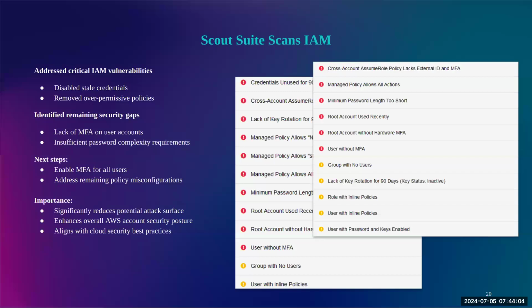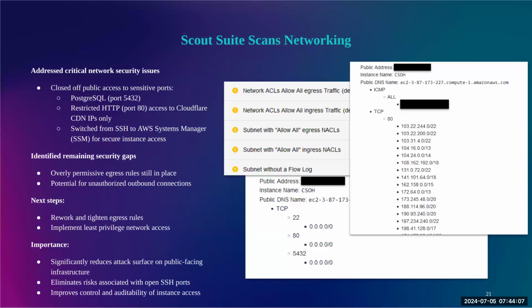As we move on to the networking side of things, when we deployed our instance, we had port 22 and 5432, which is the Postgres port number, open, and that definitely raised a lot of flags.